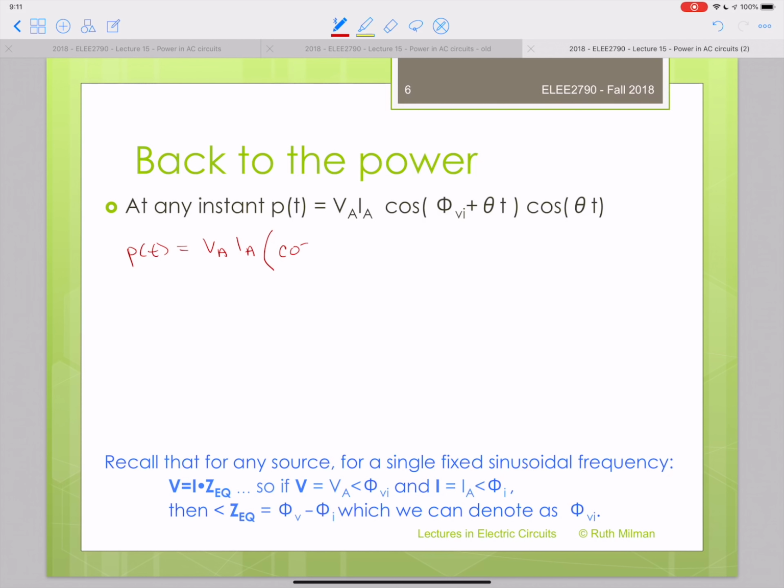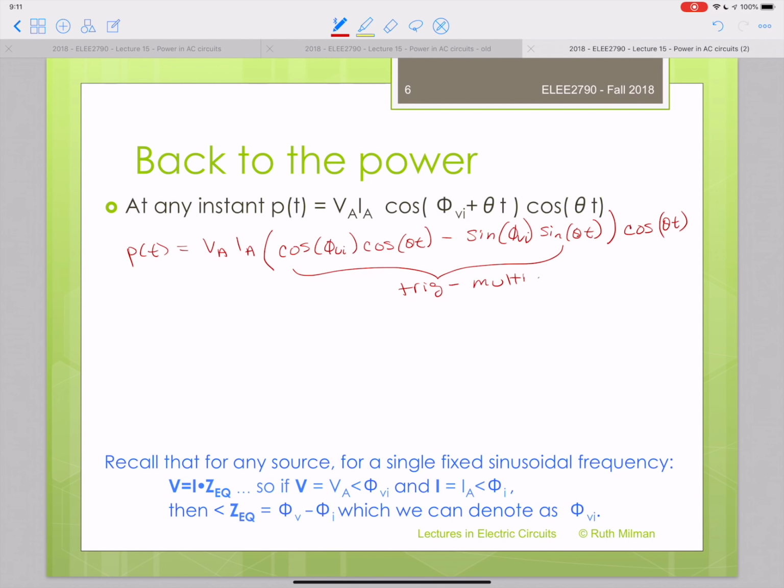So we end up with the cosine of the phase shift times the cosine of the moving sinusoid minus the sine of the phase shift times the sine of the moving sinusoid. And then we multiply that by the original cosine of theta t, our moving sinusoid. So we notice that all of this comes from our trig. It's the multi-angle cosine formula.